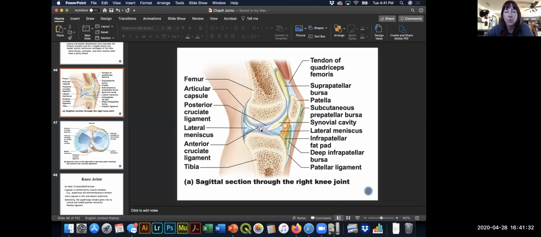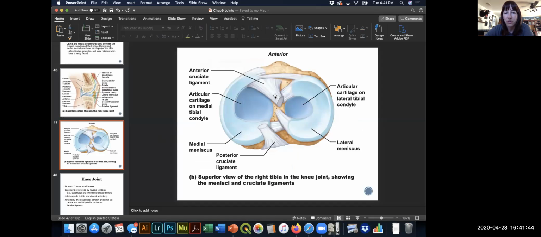So here's 2 out of the 4 reinforcing ligaments of the knee. You have the anterior and posterior cruciate ligaments. In this image, you can see them sort of cut off here, but you have the anterior and the posterior cruciate ligaments because they cross over each other inside of the middle of the knee, okay?